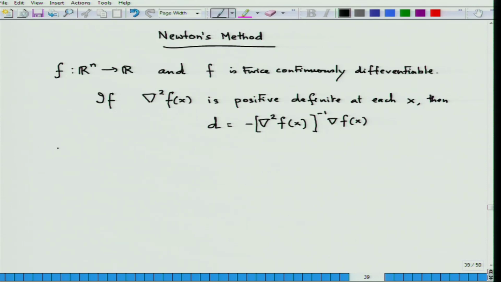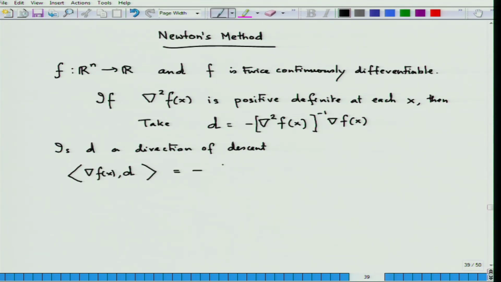So, why? Because the question is, is d a direction of descent? Let us see. Suppose there is a point where grad of f(x) is not equal to 0, and let us see what this gives.